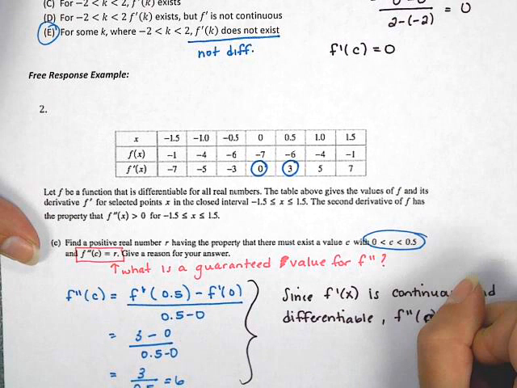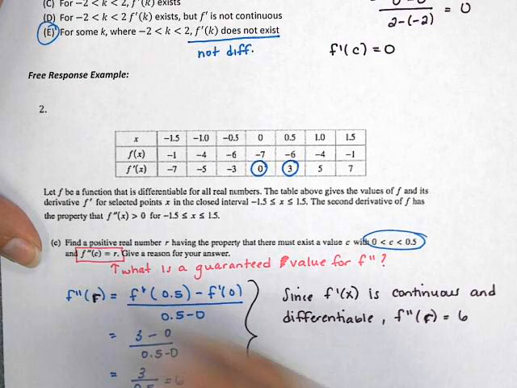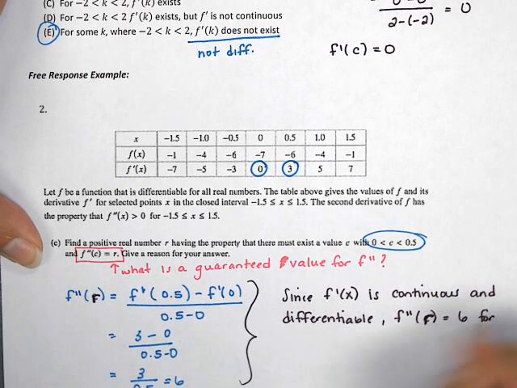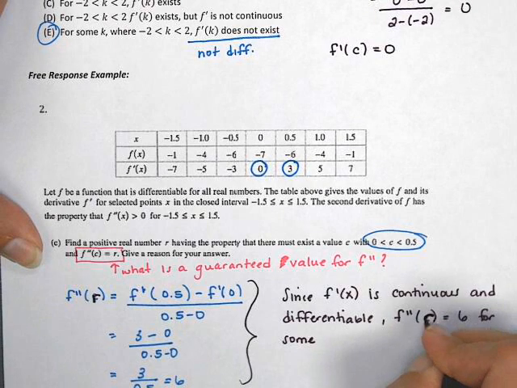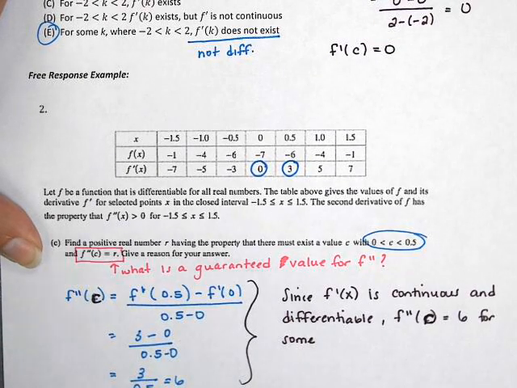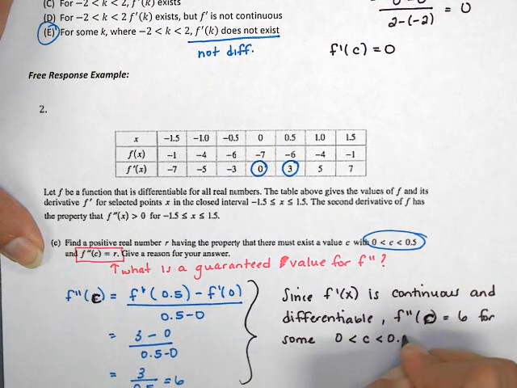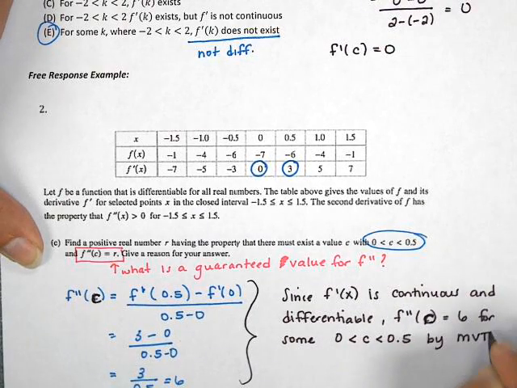Oh, I'm sorry, I should call this r because the problem is calling it r. F prime of r must equal 6 for some, oh no, the problem calls it c. What am I talking about, guys? F prime of c must equal 6 for some c value between 0 and 0.5 by the mean value theorem.